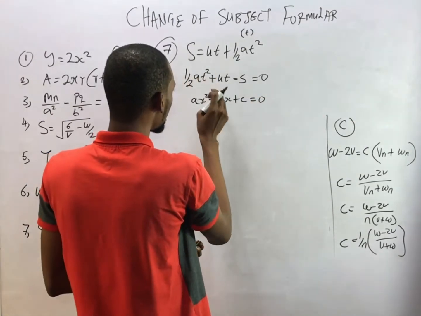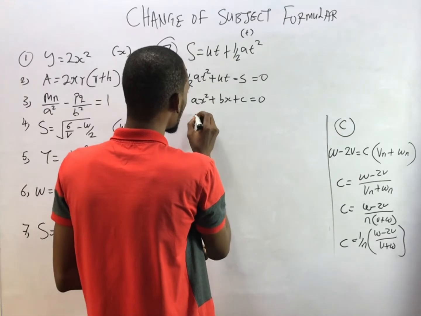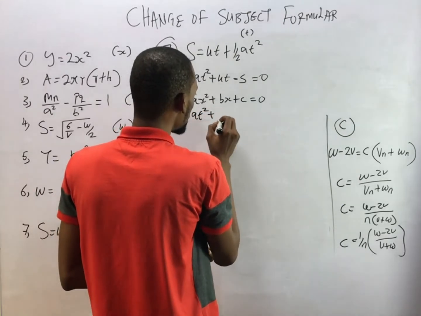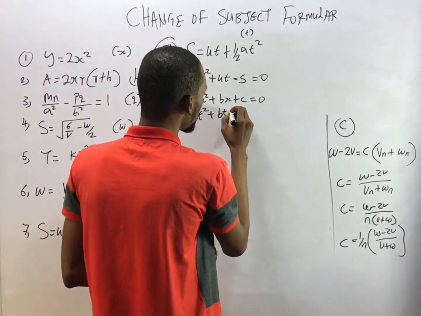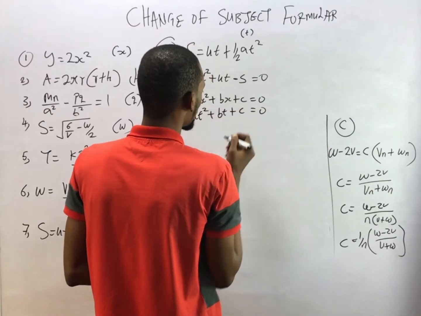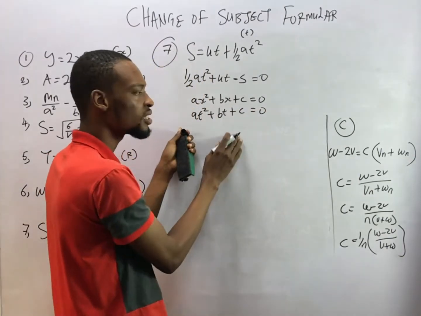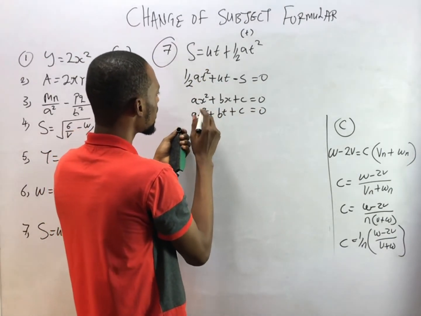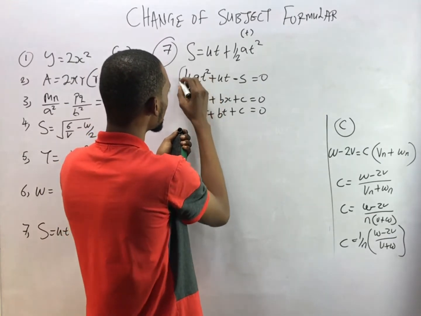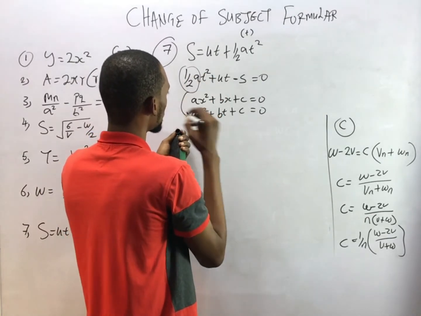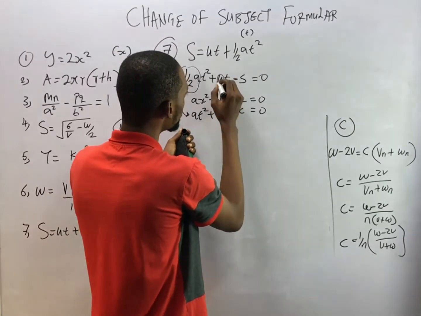Let's say a t square plus bt plus c equals 0. You notice that this follows this pattern. Look at A, it is the same thing as this. B, you see B is here.